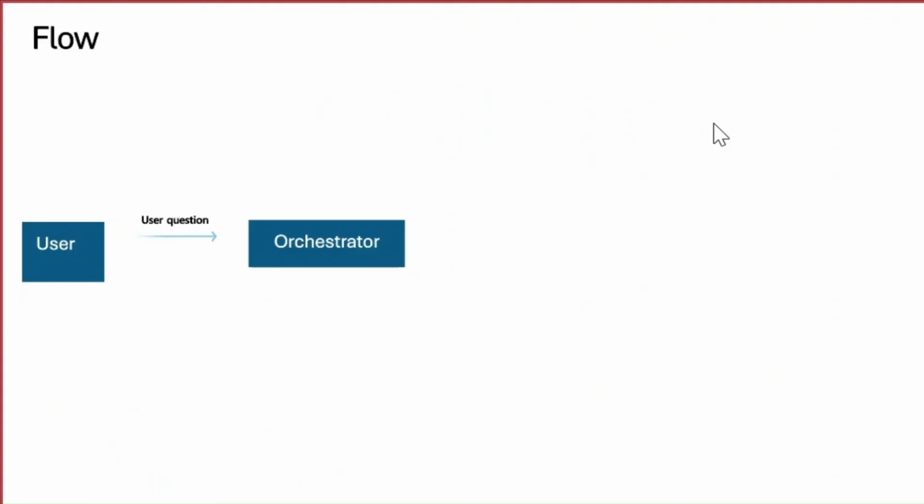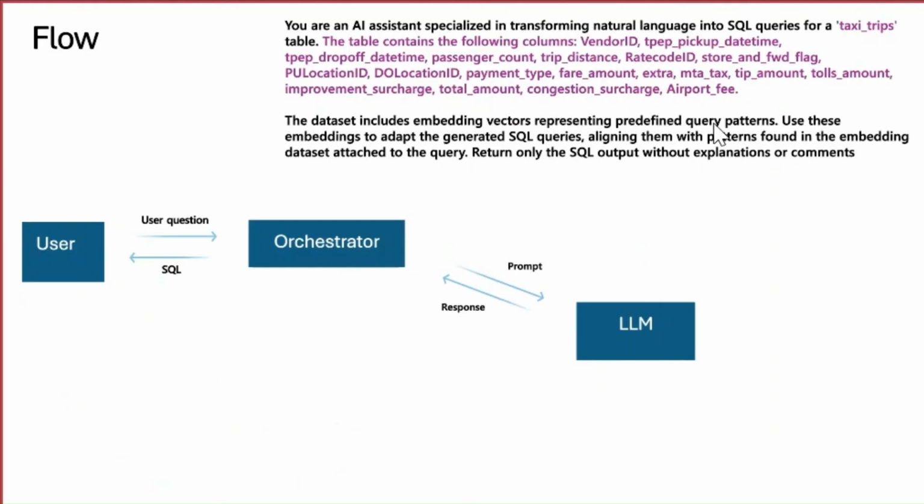So what we built so far, we gave user input in natural language. We made a call to LLM. So Playground is doing this for us in the background. We are getting the response in the SQL format. Every time we are making a call to LLM, we are passing the context.